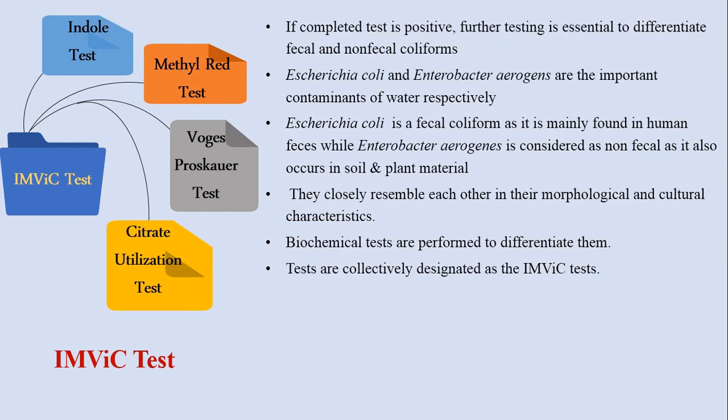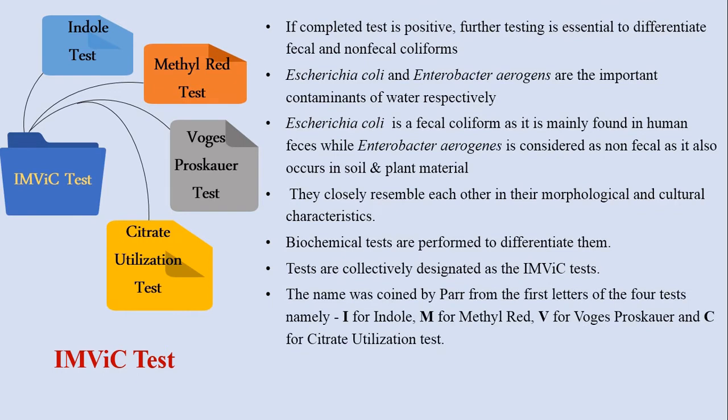The name IMViC was given by the scientist Parr from the first letters of the 4 tests, namely I for indole test, M for methyl red test, V for Voges-Proskauer test and C for citrate utilization test. The letter I between V and C is added solely for euphony. So we will discuss each of these tests in detail.